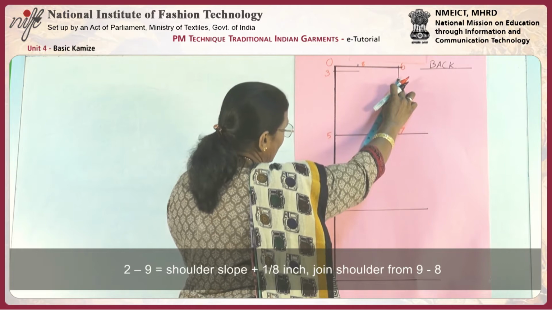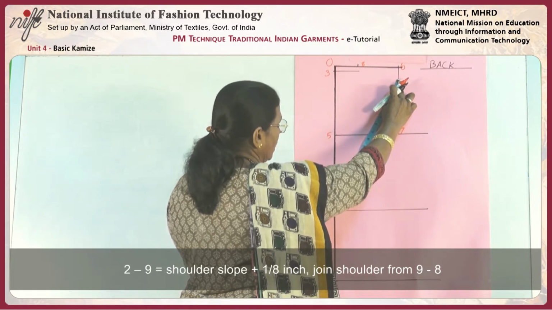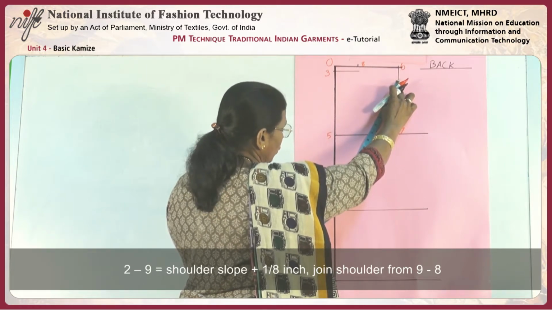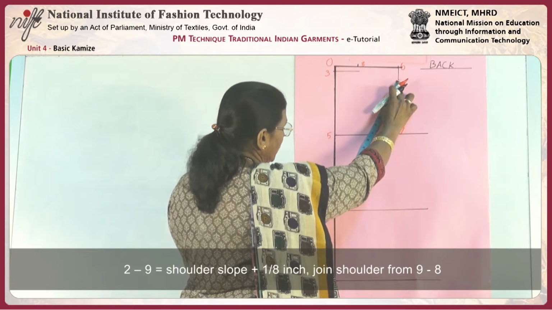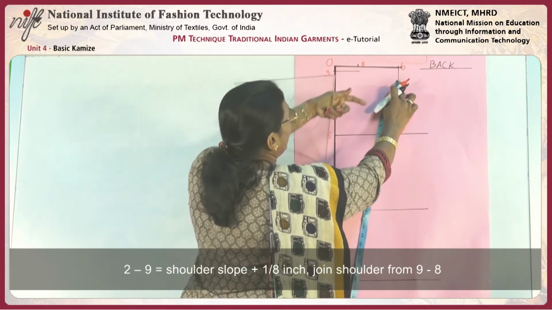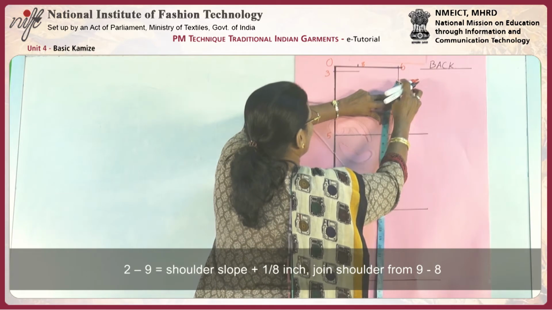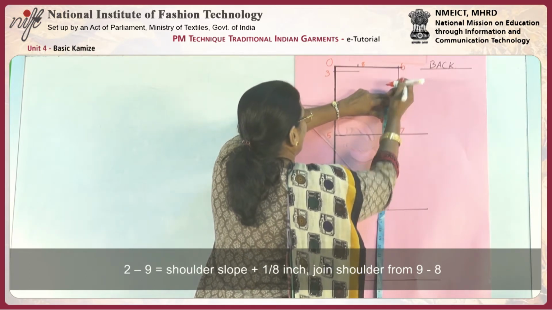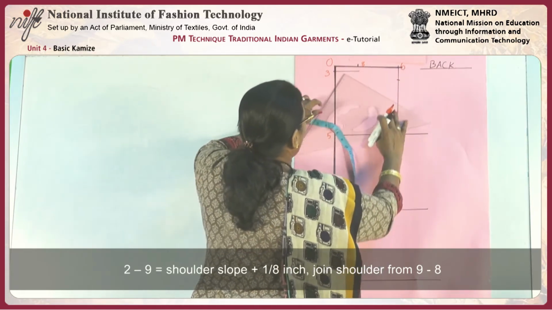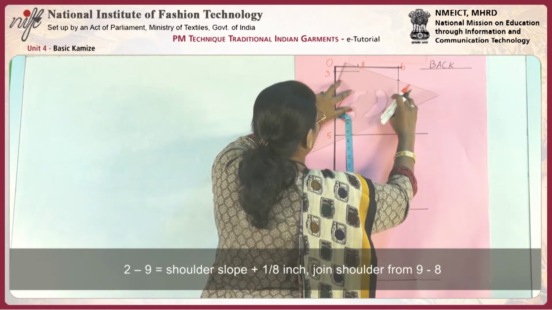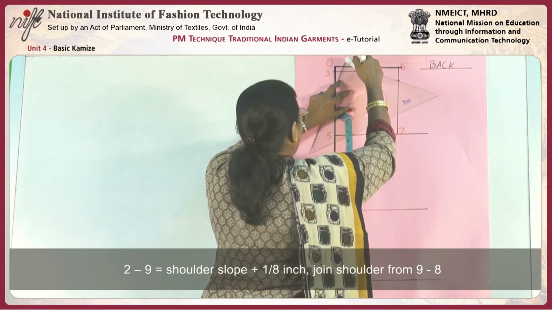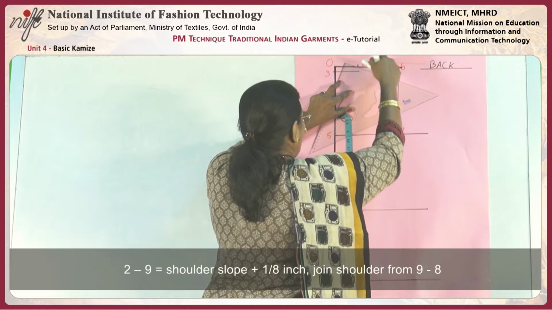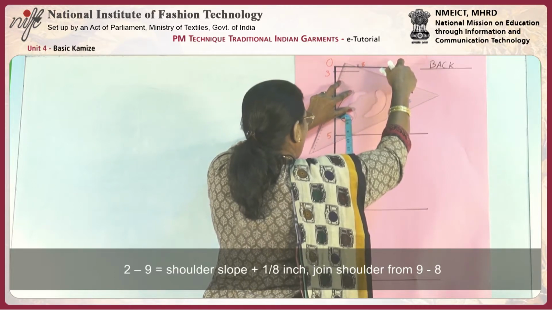Shoulder slope is 17 inches for the back. We should follow the back shoulder slope plus 1/8 of an inch, which is 17 1/8 inches. And draw the shoulder from 9 and 8.